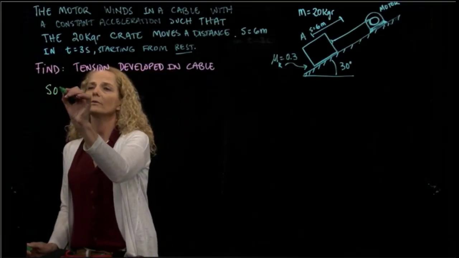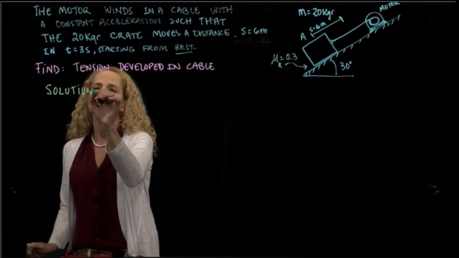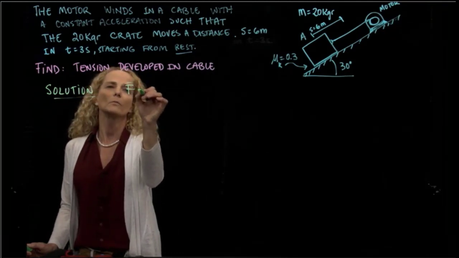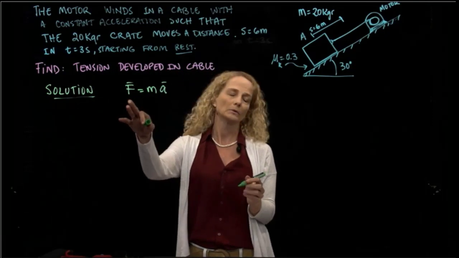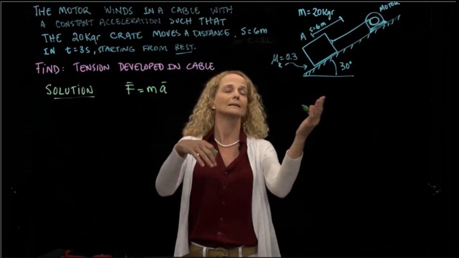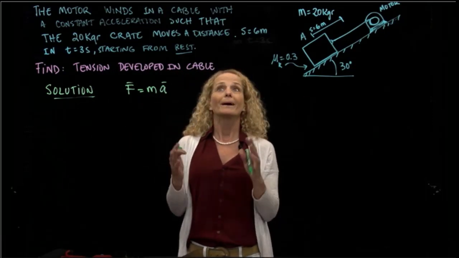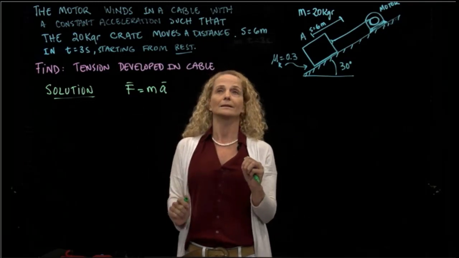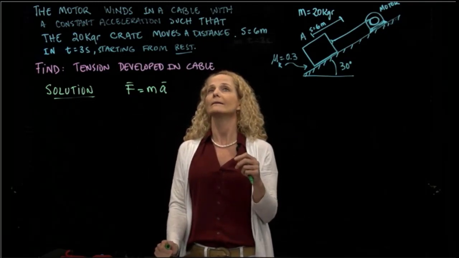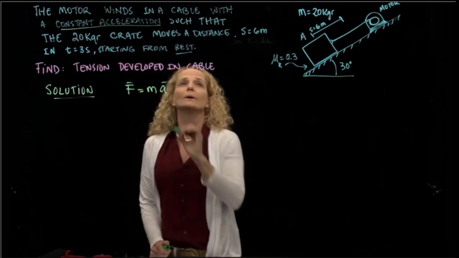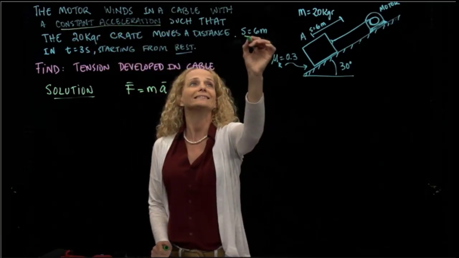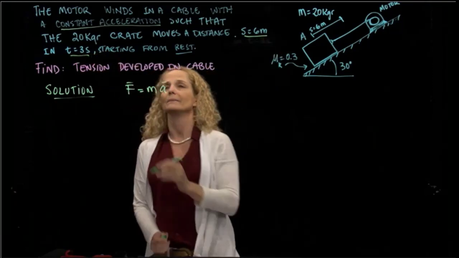So we have to apply our equations of motion. If we have our acceleration, we will be able to find our forces, in this case the tension. But actually we are not given the acceleration either. We are given that it is a constant acceleration, the distance, and the time.